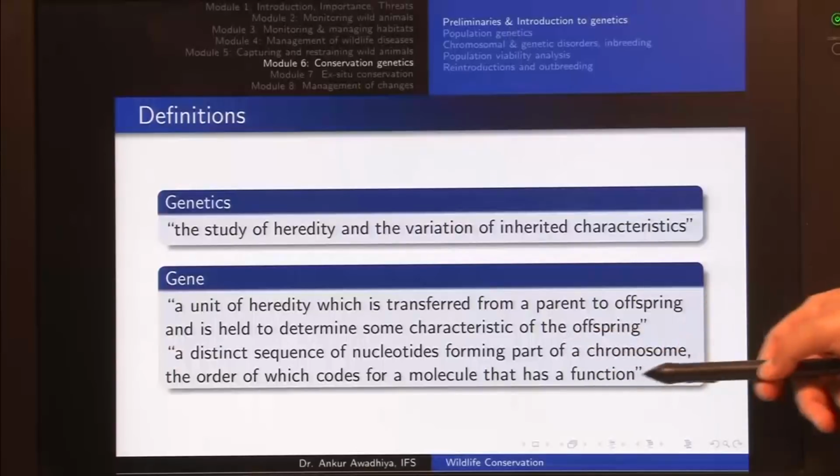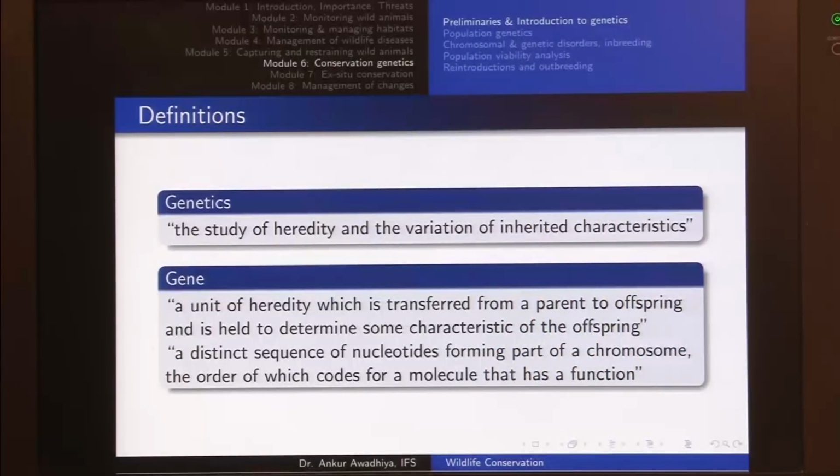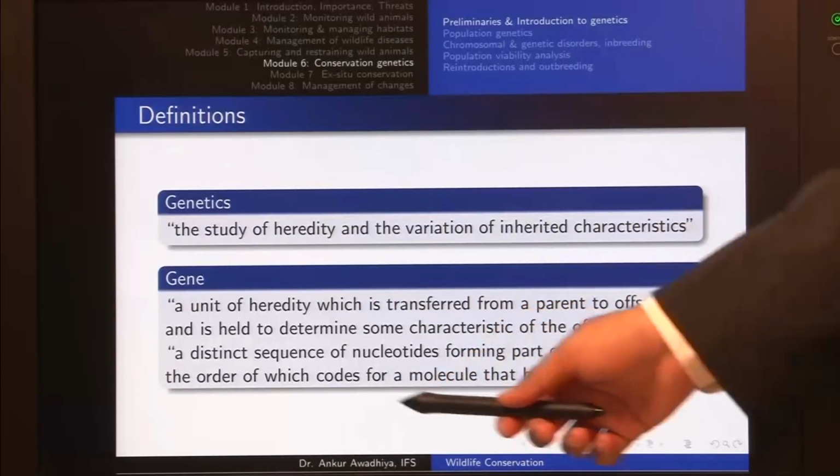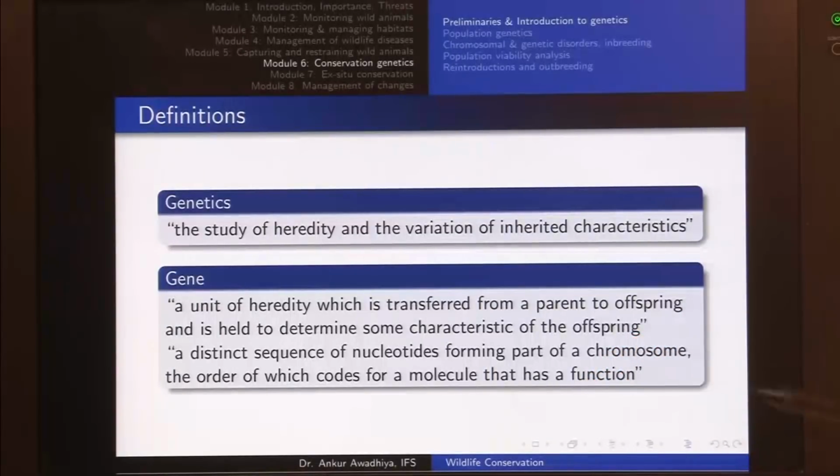It is located in a chromosome, and the order of these nucleotides, or the information that is there in the gene, is used by the organism to code for something, especially for a molecule that has some function. So this gene could be, for instance, coding for a molecule that impacts height. So in that case we would say that a gene is a distinct sequence of nucleotides forming part of a chromosome, the order of which codes for a molecule that has a function.